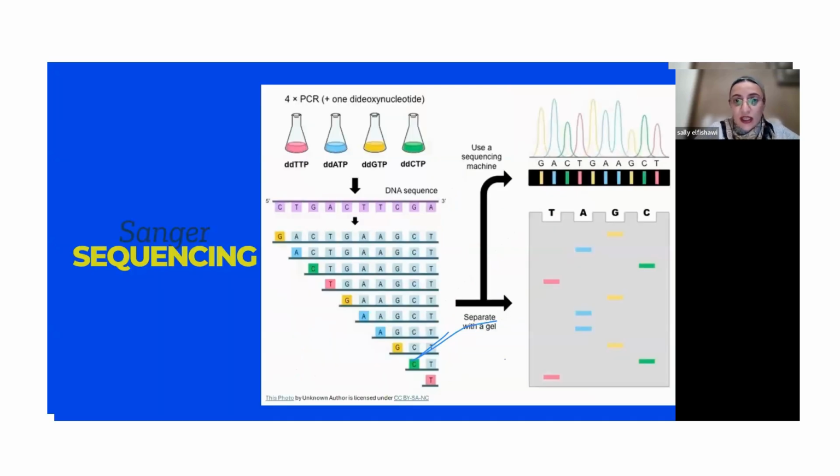As for the Sanger sequencing, we have the dideoxynucleotides that are fluorescently labeled, A, T, G, and C. They terminate the chain of sequence amplification.